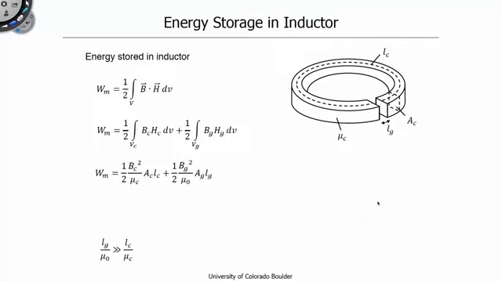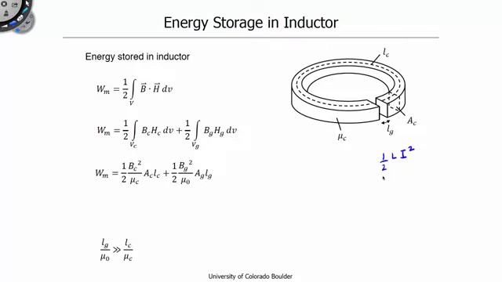Finally, let's ask the question, where is the energy stored in an inductor with an air gap? Recall that all inductors store energy, and the energy stored in an inductor from a circuit perspective would be given by 1/2 L i squared, where i is the current flowing through the inductor.